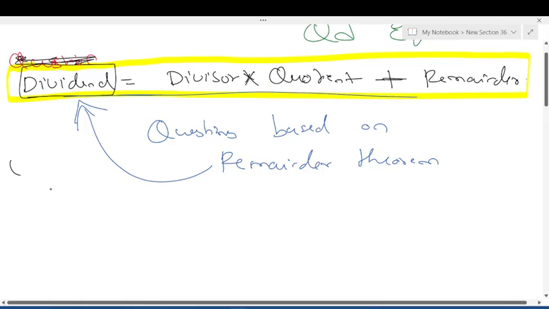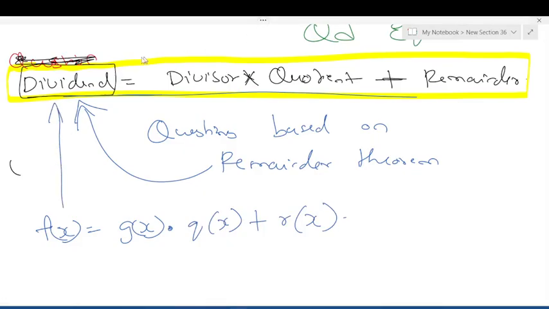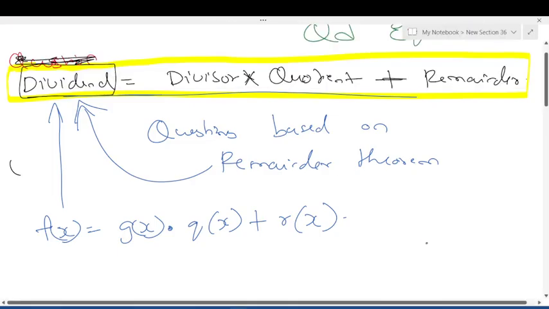F of x is equal to g of x into q of x, plus r of x. Compare this formula, students, relate it with this and tell me what is the remainder value. What's the value for remainder from this formula? Remainder is equal to r of x.